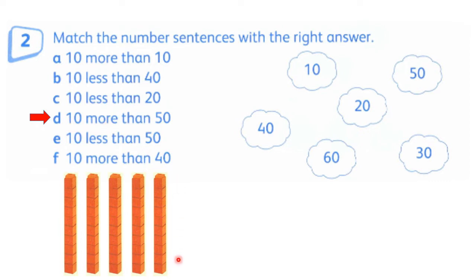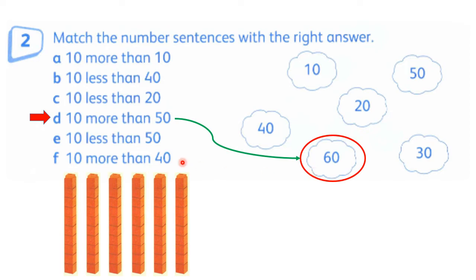So I have to add a 10 rod. How much does that make? That's right. 10 more than 50 equals 60.